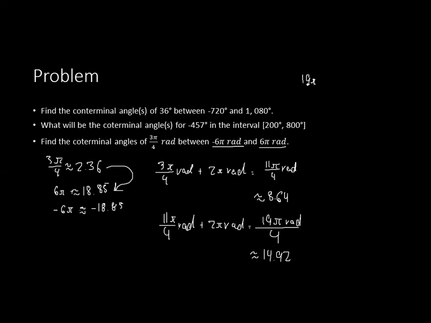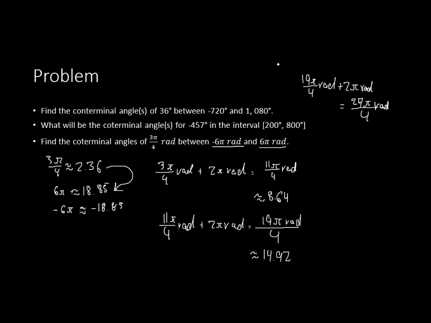Okay, 19 pi all over 4 radians plus 2 pi radians. Sorry if I have to write it in this location. So the answer would be 27 pi all over 4 radians.